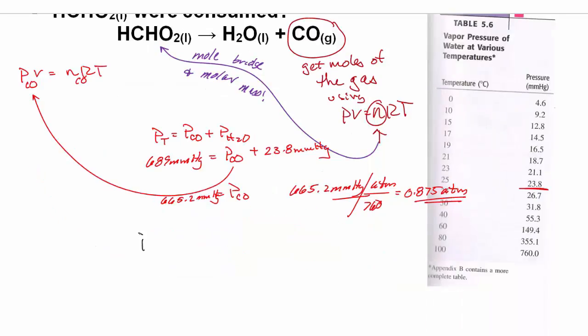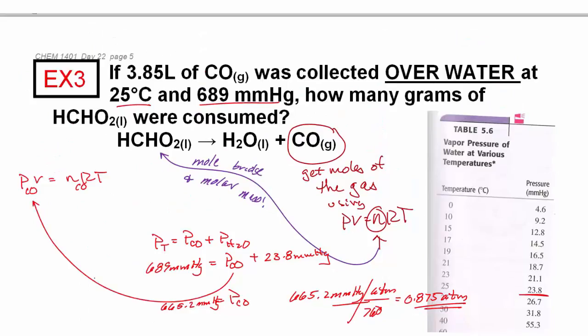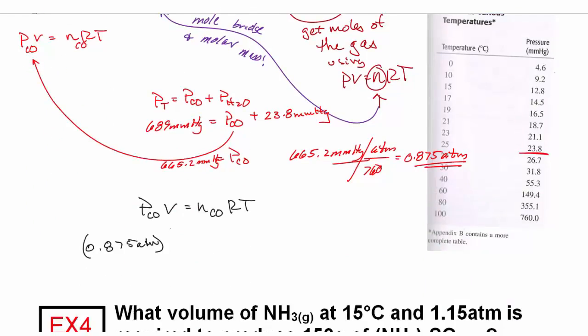So I'm ready to plug into my ideal gas law. My pressure is 0.875 atmospheres. The volume that was collected of the gas was 3.85 liters.